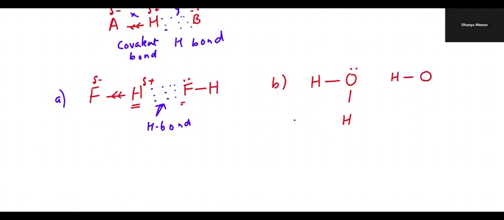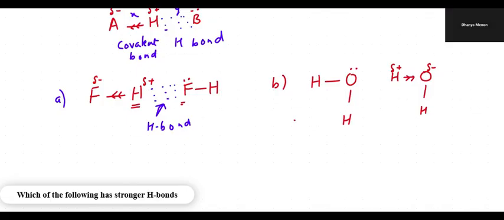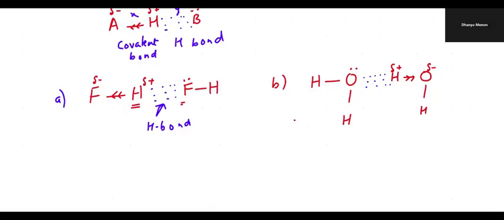This oxygen is highly electronegative also. So it will attract the electron pair. Hydrogen develops a positive charge. And there will be a force of attraction between this electronegative oxygen and hydrogen. Right? So this is also hydrogen bond. Hydrogen bond formation in water.